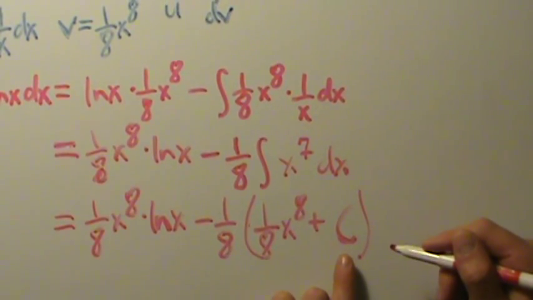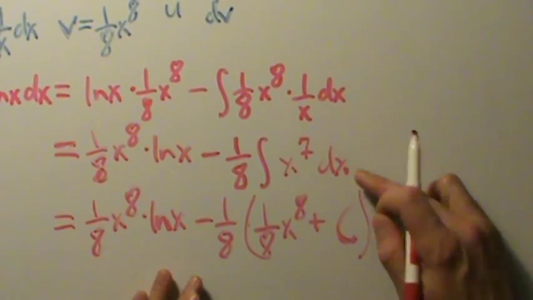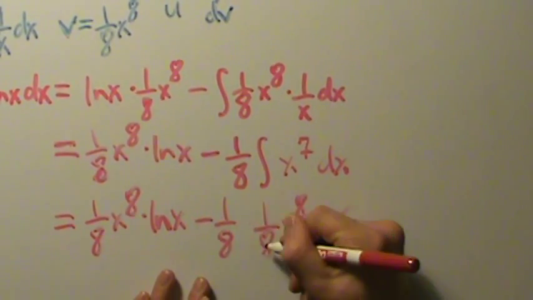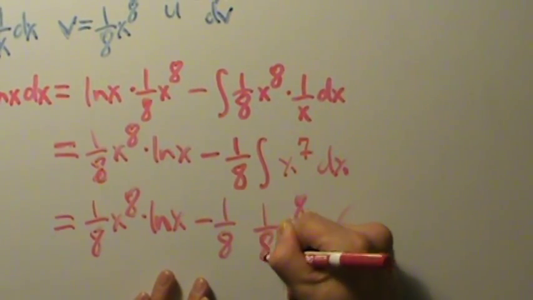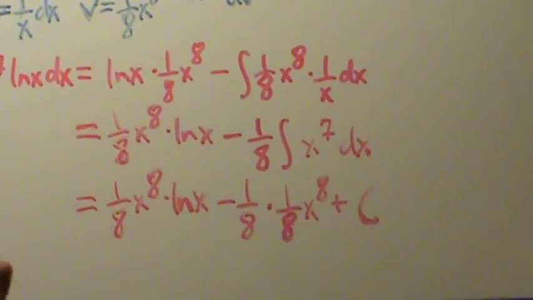An arbitrary constant multiplied by 1/8 is just another arbitrary constant. So we can skip that step to make it easier on ourselves. If you want to be really overly thorough, it's not wrong to do that, but it's more than you need to do.